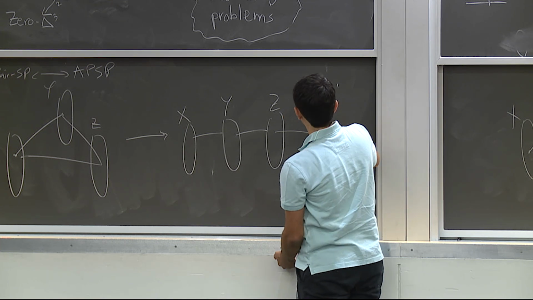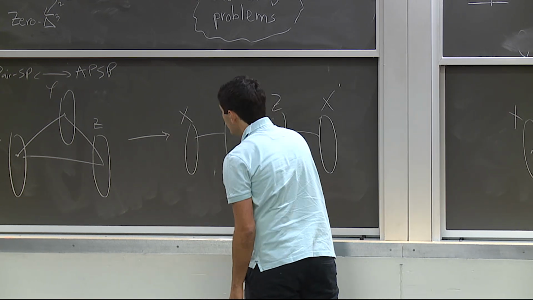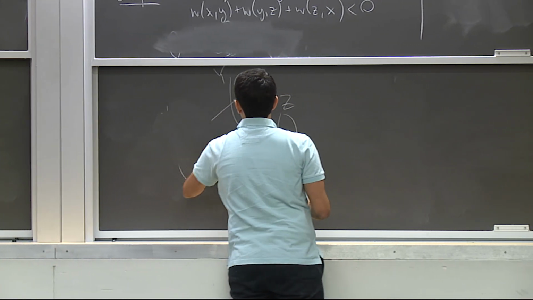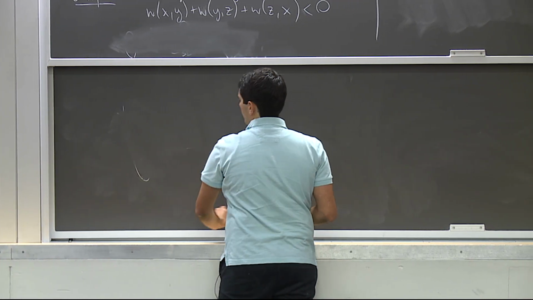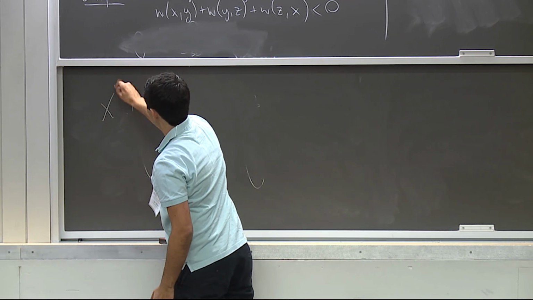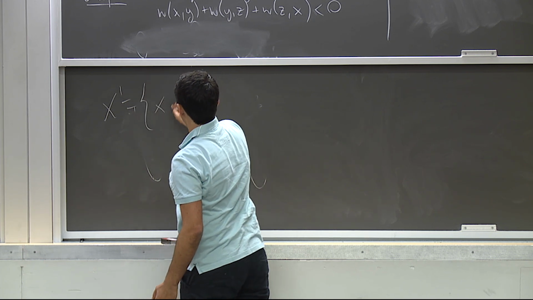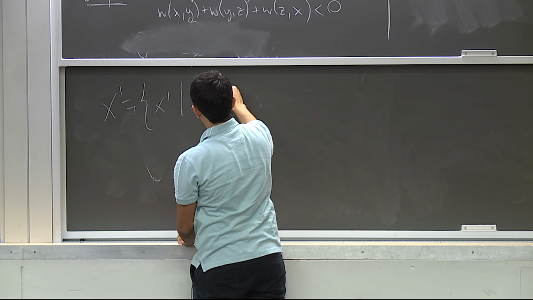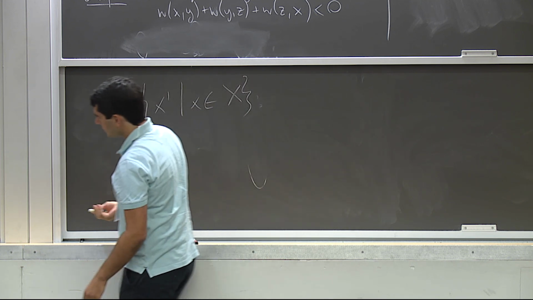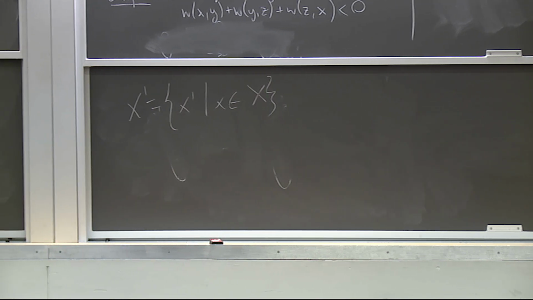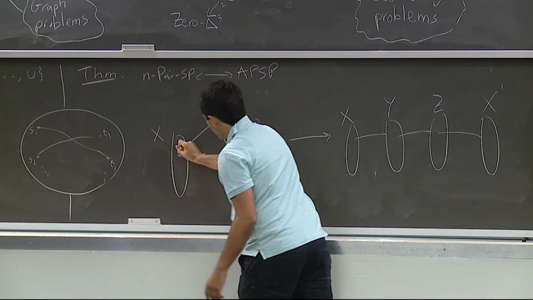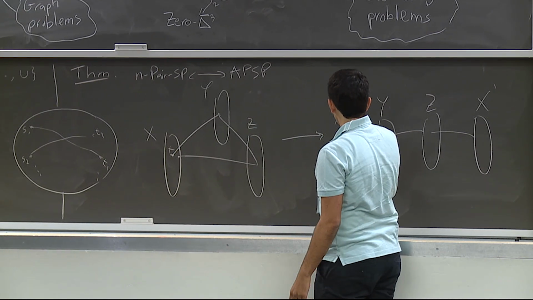Just like X prime is just X prime for every X in X. So I'm not going to be very formal because it's pretty simple, but basically, if there's some node X here, then it appears here, but it also appears here.